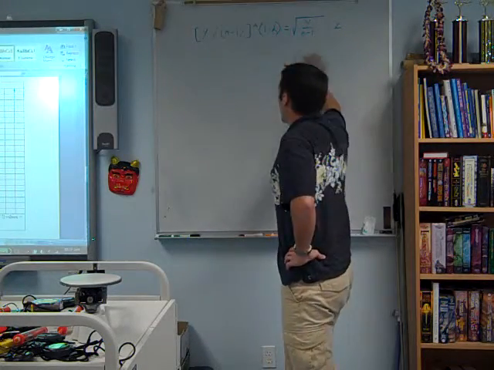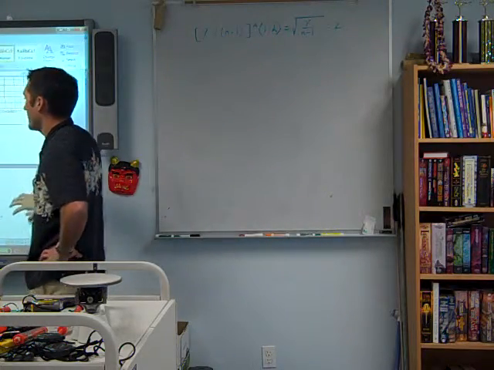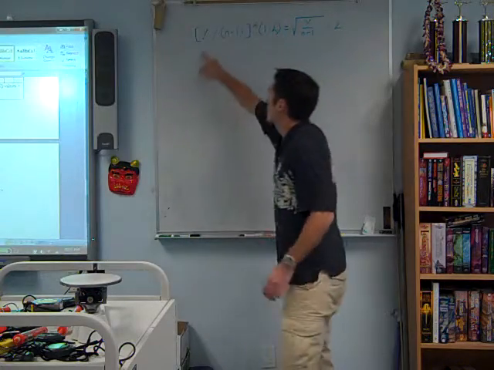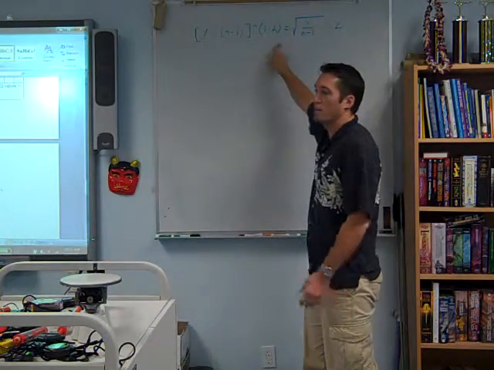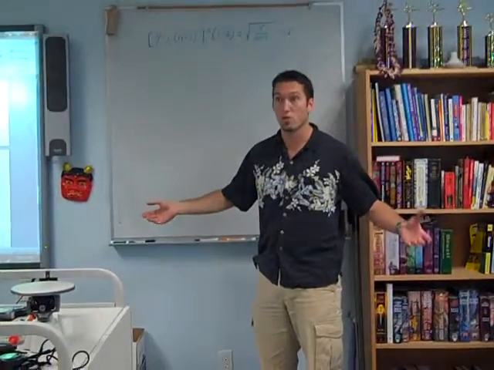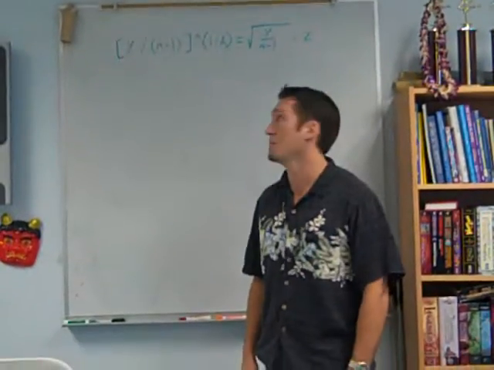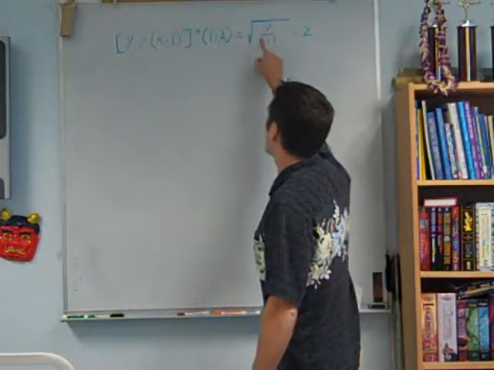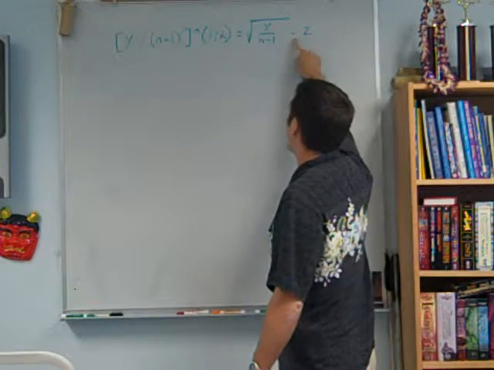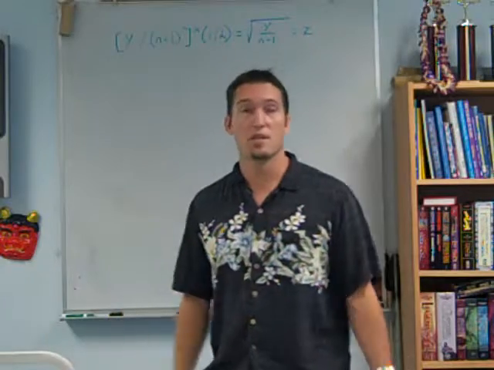So right here is the equation to calculate standard deviation. And I wrote it down in a script. The original script right here is what you would plug into your calculator if you wanted the calculator to do the work. But if you just want to go through the steps by yourself on paper, you can use this version here. It's the square root of y divided by n minus 1, and that equals z. And that's how we're figuring out the standard deviation.